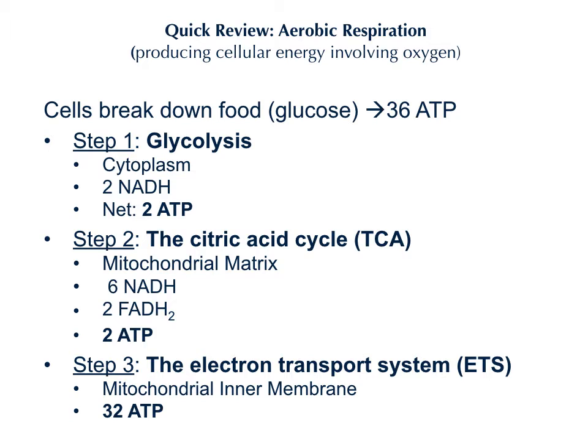In the citric acid cycle, which is in the mitochondrial matrix, we ended up netting another 2 ATP, but we made a bunch more coenzymes, 6 NADH and 2 FADH2. These reduced coenzymes are what will go through the electron transport chain.